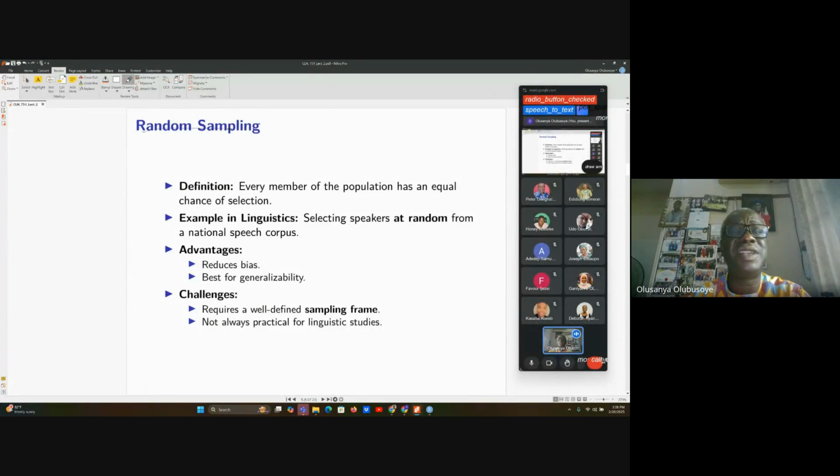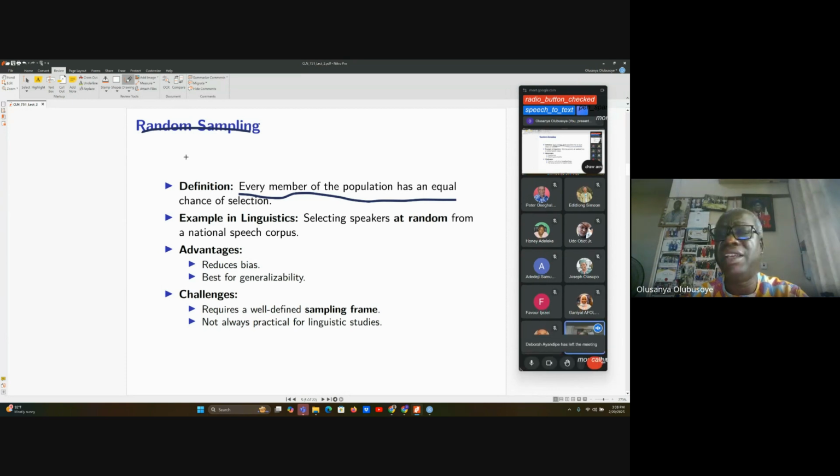The random sampling, which I've explained, by definition, gives every member of the population equal chance of selection. So no one is denied for any reason. Everyone is considered eligible, but not everybody will be selected.